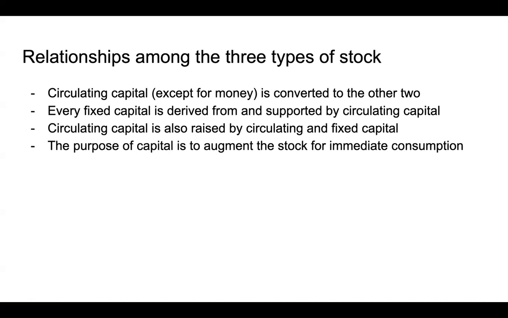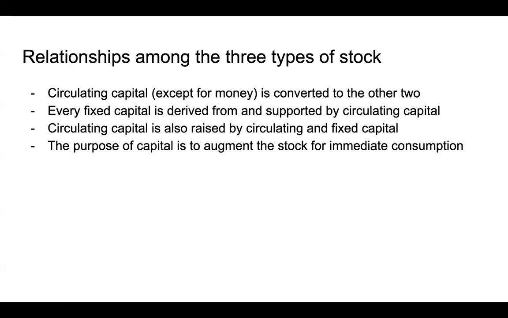Now, it's a fixed capital in the hands of the person who owns this machine. And the material this machine works upon, right? As well as the maintenance of the workman, the salary of the workman working on this machine, these are circulating capital, right? So you see a fixed capital is derived from circulating capital and supported by circulating capital.